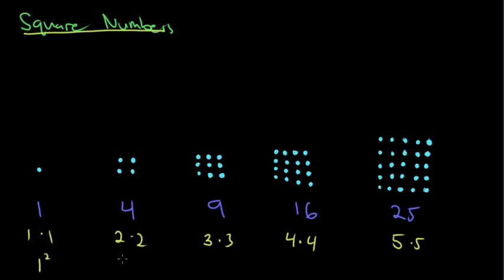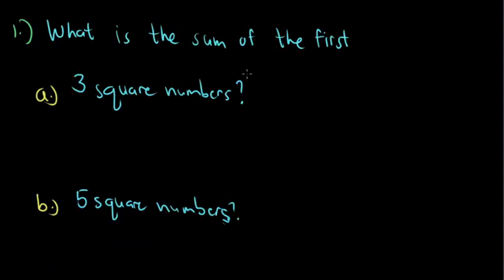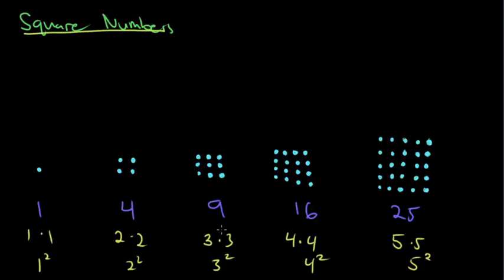This is 1 squared, this is 2 squared, 3 squared, 4 squared, and 5 squared. Now, paano kung hiningi sa atin ay ang sum ng first 3 square numbers? So, babalikan natin to. The first 3 square numbers will be 1, 4, and 9.